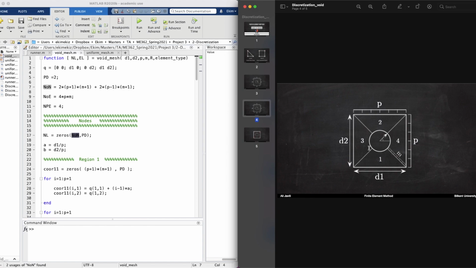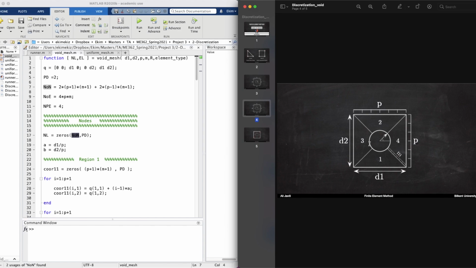So this is quite similar to what we had in our uniform mesh. It's just warped along its top edge, right? So we would have p plus 1 nodes here times m plus 1 nodes here. And similarly for region 2, same thing.